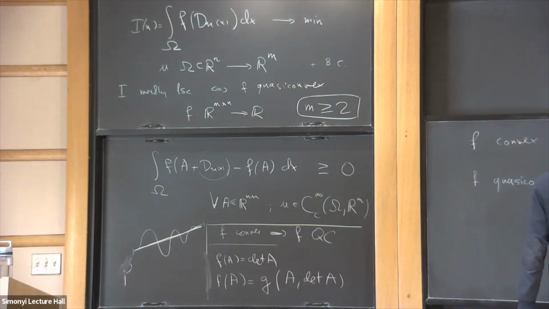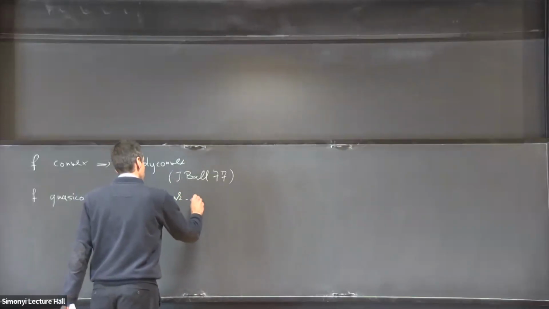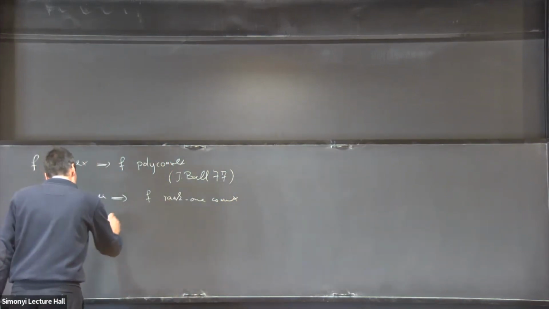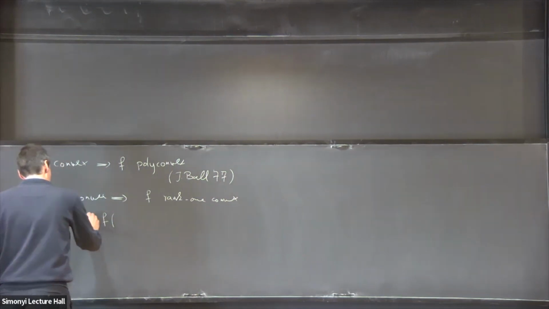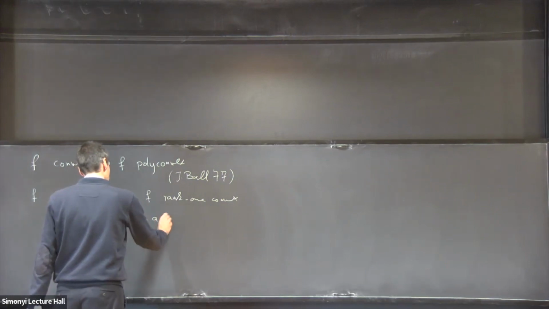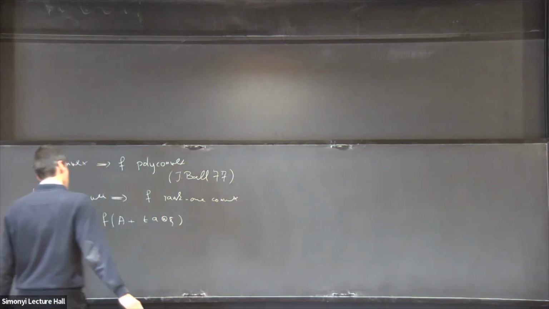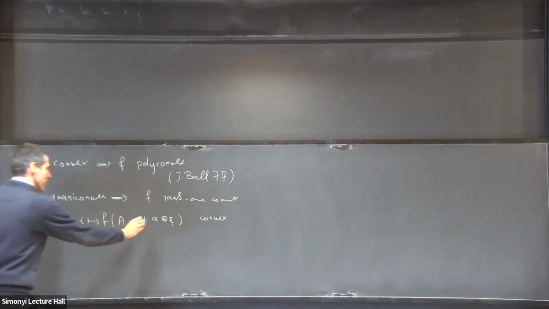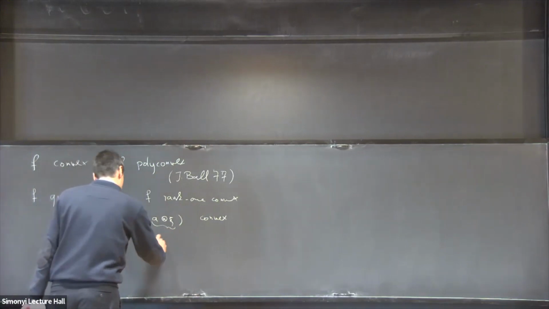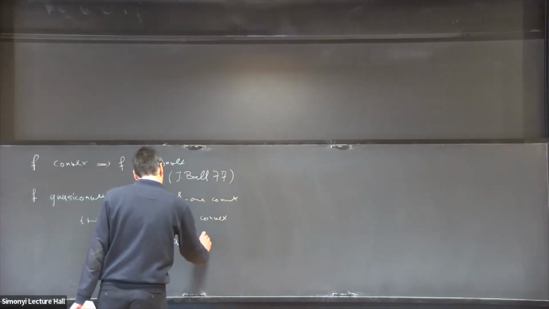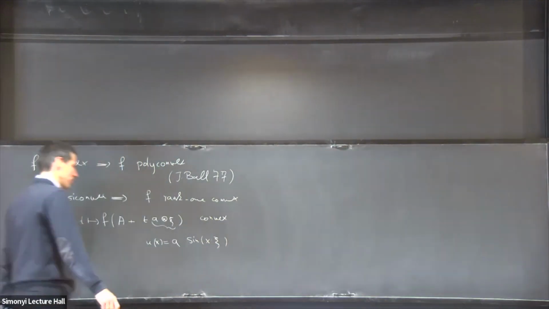So then F will be rank 1 convex, which means that if you restrict F to a rank 1 direction of this form, then this is convex. So this would be the rank 1 matrix, which is the derivative of the map A times the sine x dot xi.